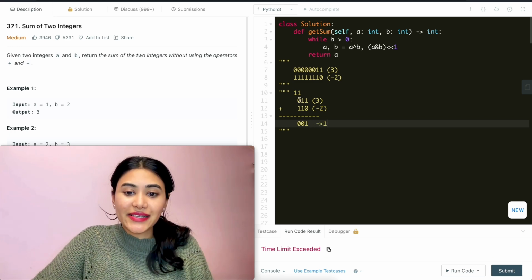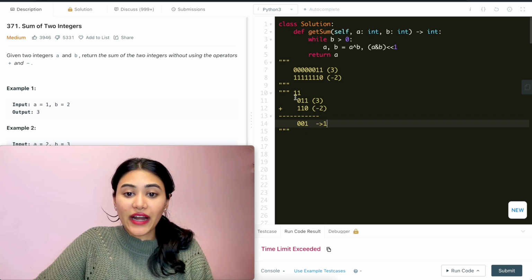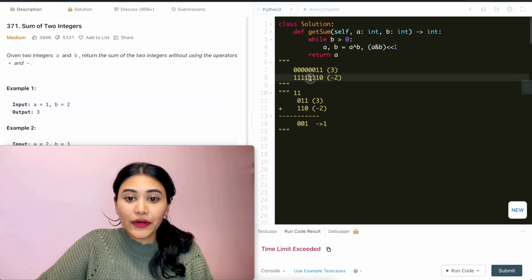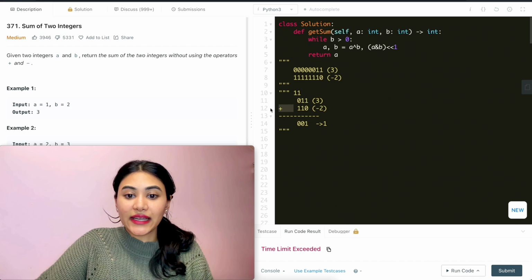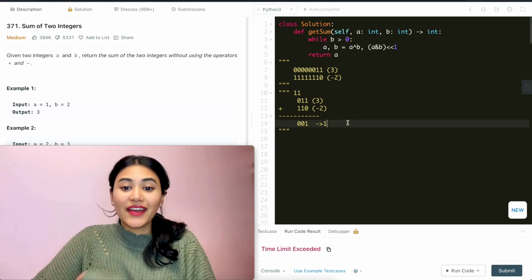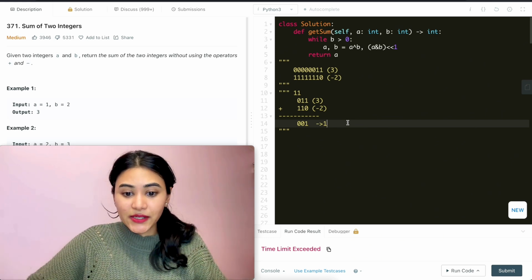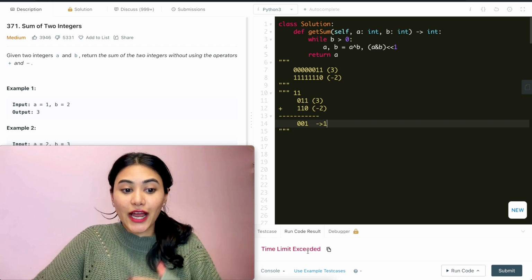Now the problem is, if this was not truncated to be 3 bits, we would actually continue adding this up, right? We would have all these 1s for this -2, and we would keep carrying over the 1 on and on and on. And that's sort of what Python does. It's not bound by 3 or 8 or even 32 bits, which is why this example timed out.